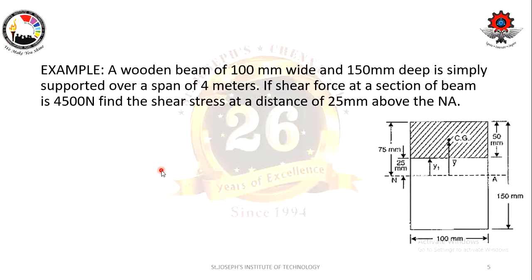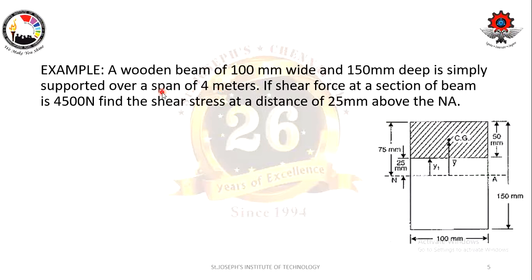If the shear force at the section of the beam is 4500 Newton, find the shear stress at a distance of 25 mm above the neutral axis. They have given the dimension of the cross section of the rectangular beam: 100 mm width and 150 mm depth.